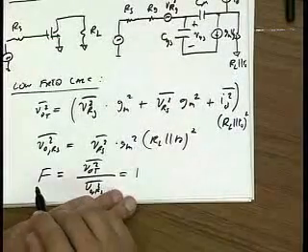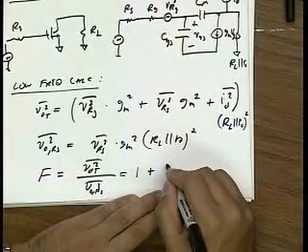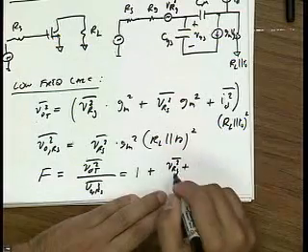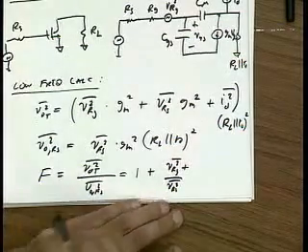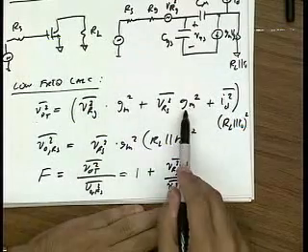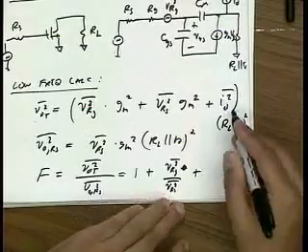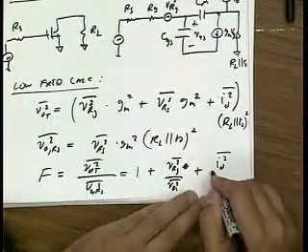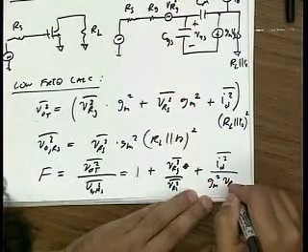Simply when you divide, you get a factor of 1. So here, I'm going to get VRG squared divided by VRS squared. That's this term. This term gave me 1. And then finally, this term here is going to give me I drain squared divided by GM squared VRS squared.